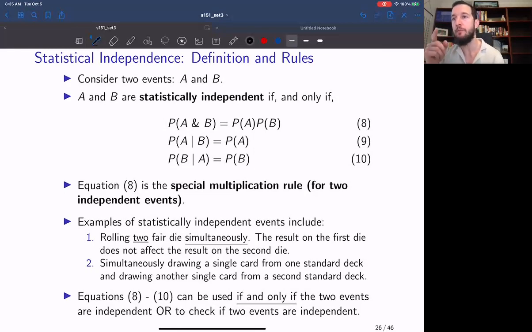So if we have a problem that says, are the events A and B independent? Given the information available to us, we can pick one of these three formulas to check if those events are independent. So equations 8, 9, 10 are rules for verifying independence, and they are formulas we can use for computation if we know the events are independent. So they serve two purposes.